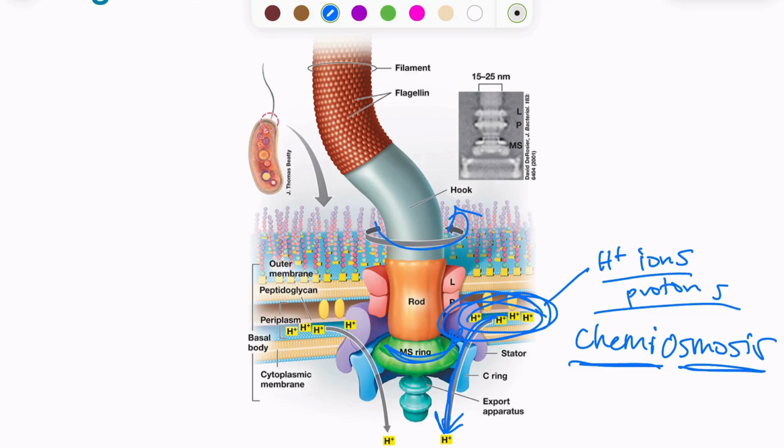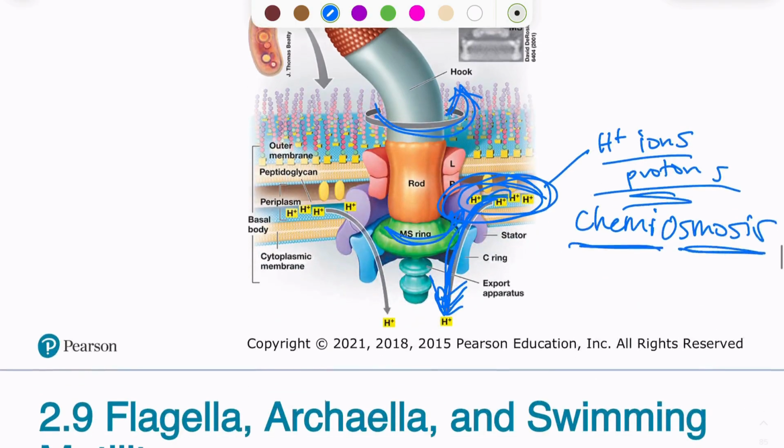So the movement of chemicals down the concentration gradient, from high to lower concentration, is a proton motive force. So the protons are moving and causing the movement of the flagella.